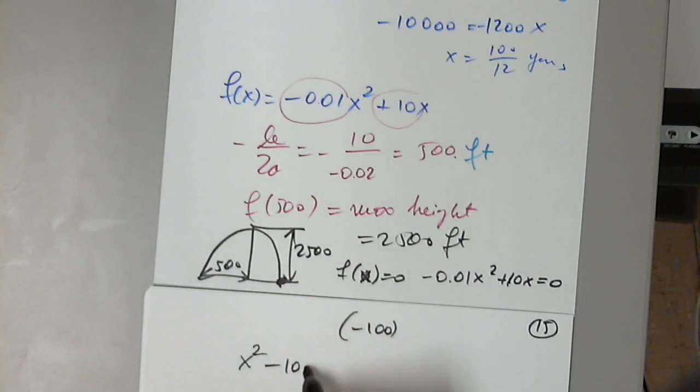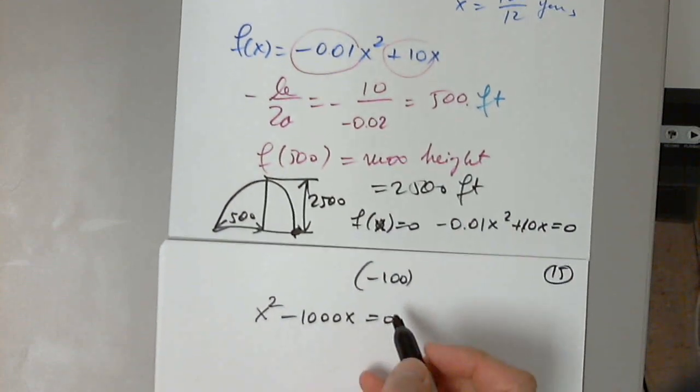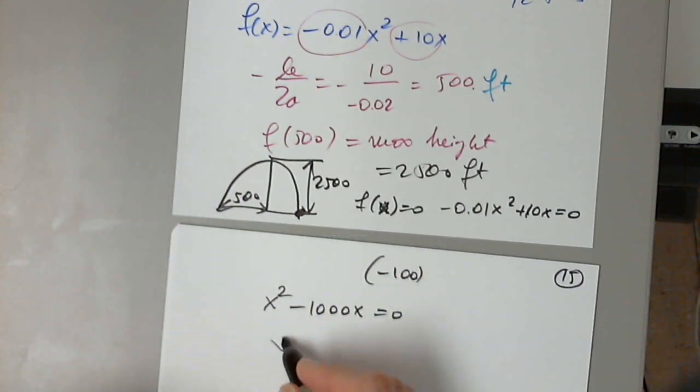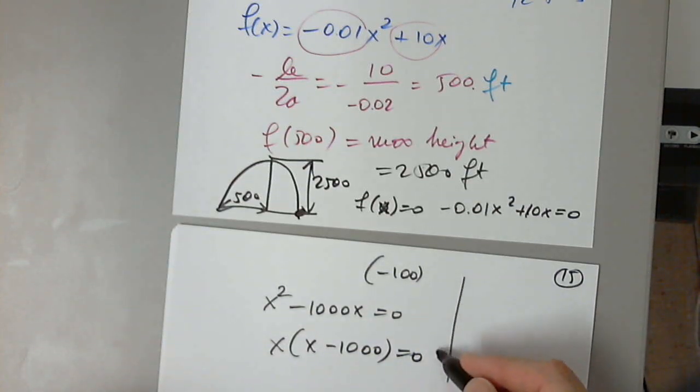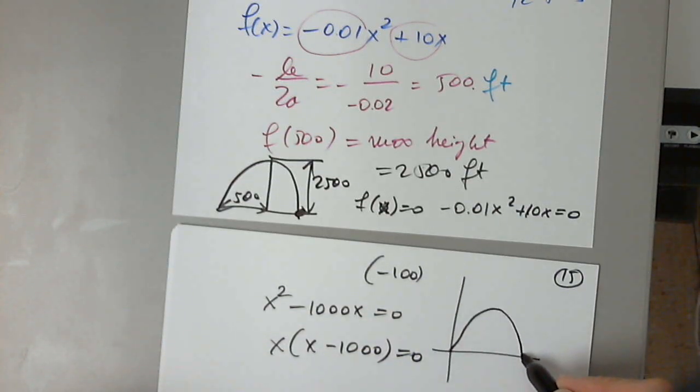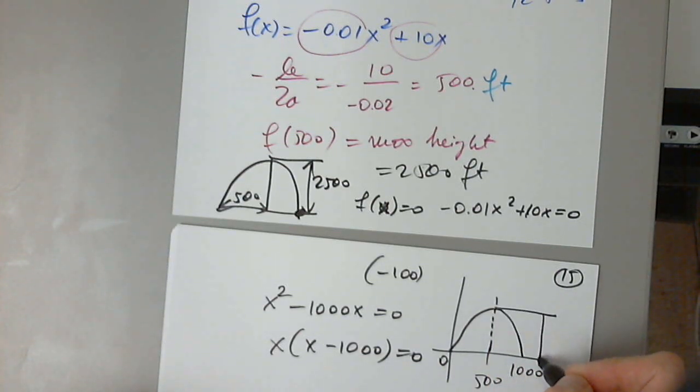So x squared minus 1,000x equals 0. This is way more human. So then the parabola looks like this. 0 here, 1,000 here, 500 of course right in the middle, and this height is 2,500. All in feet.